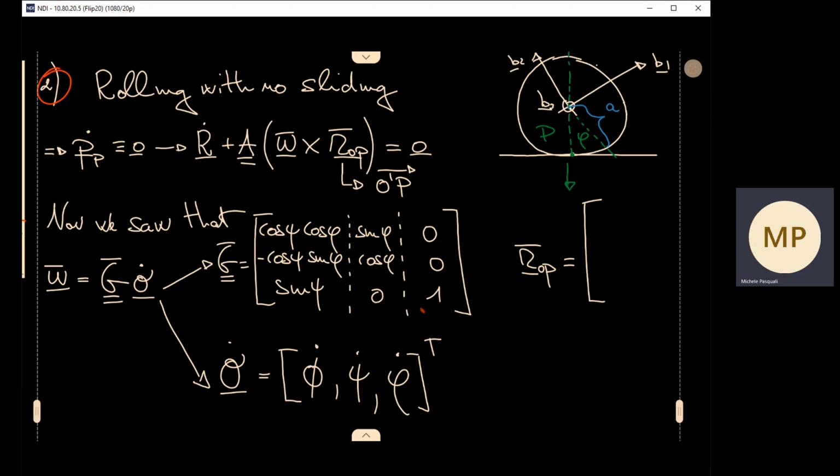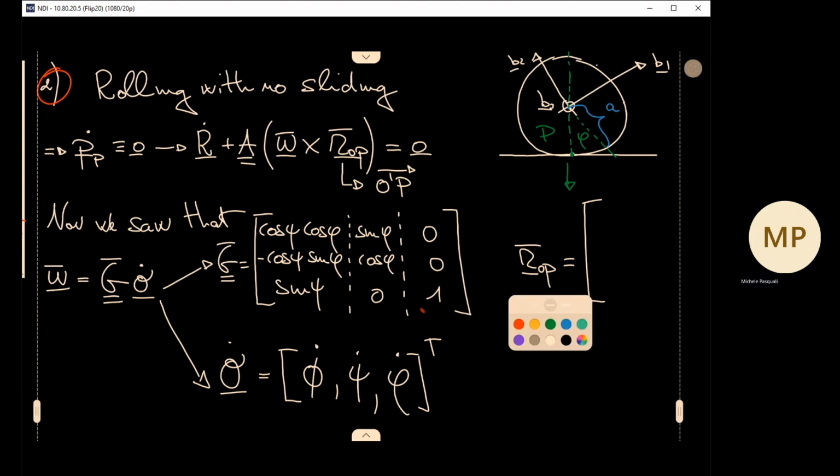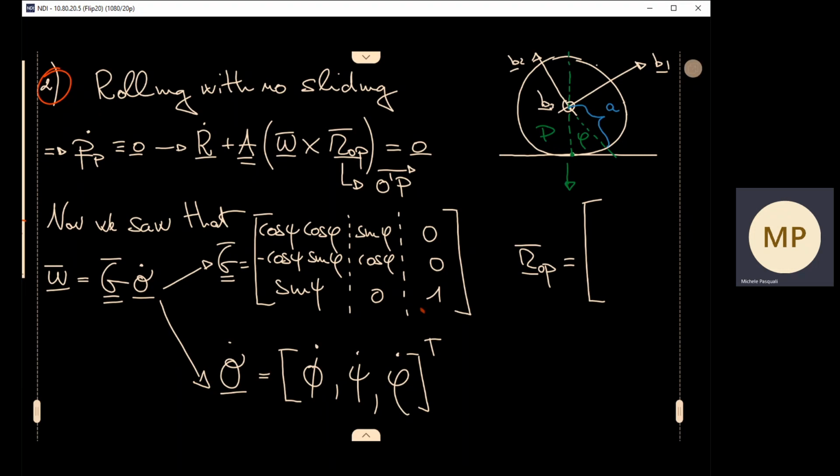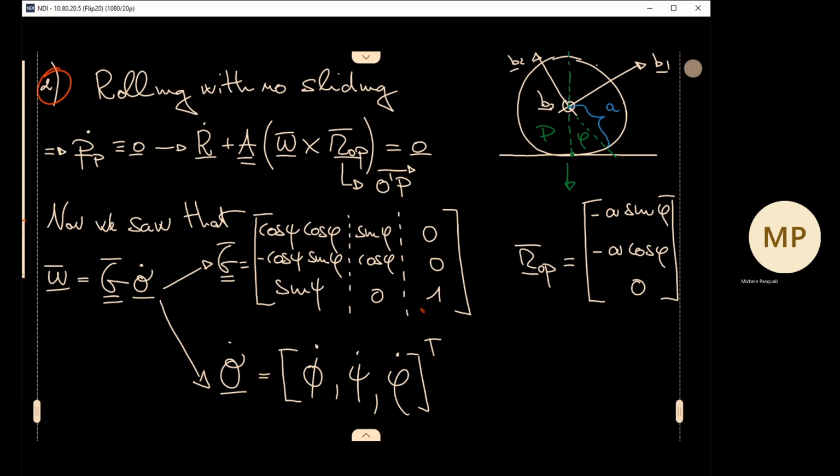So R0P, which is the position of point P in the local frame, the body frame, has the following components: A sine of phi, minus A cosine of phi, and 0, no projection over B3.